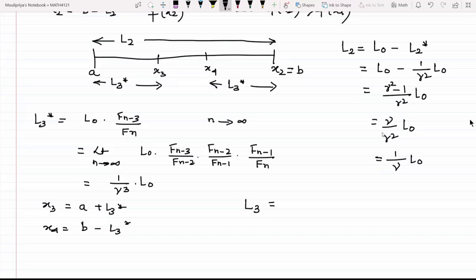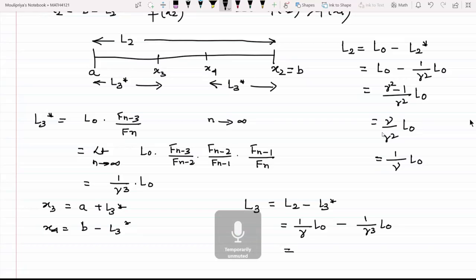This L3 would be obtained as L2 minus L3 star. So in place of L2, I can write 1 by gamma L0. What is L3 star? It is 1 by gamma cube L0. So what is the right hand side equal to? This is L0 by gamma square.